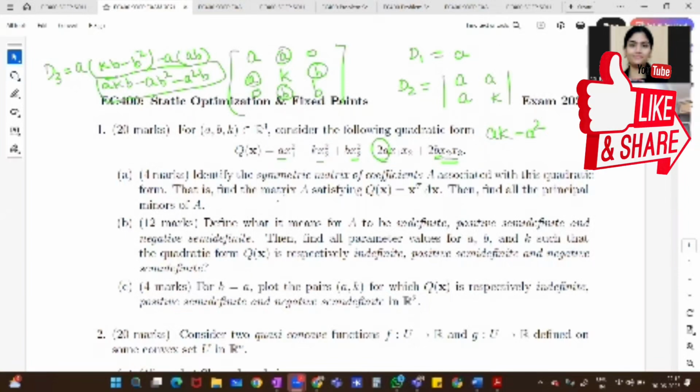In all of these undefined values, you need to consider all of them. So you are done till this part. Now I'll tell you my principal minors: first order minor is A, second order minor is AB minus A². Hold on, this should be AK minus A².